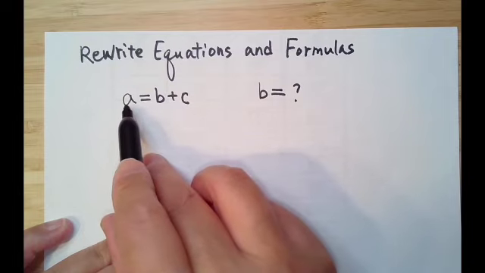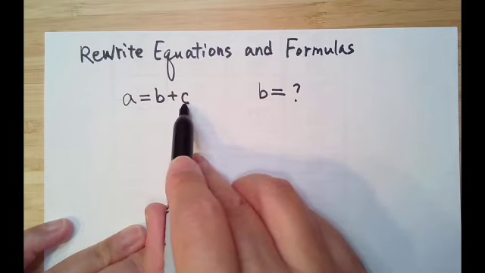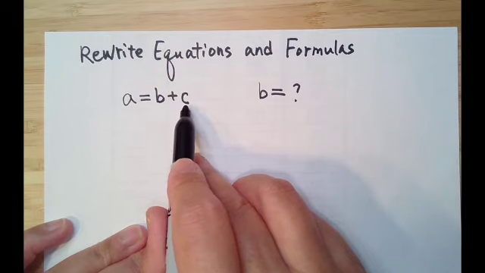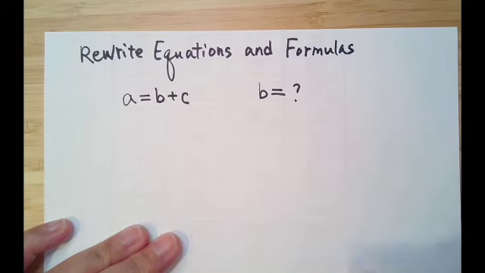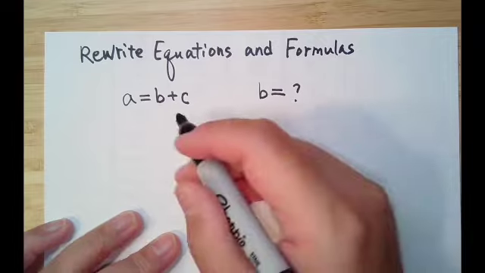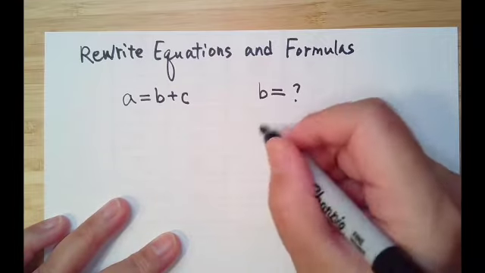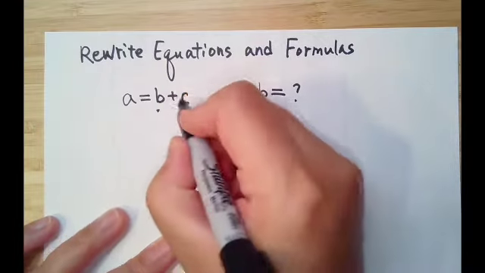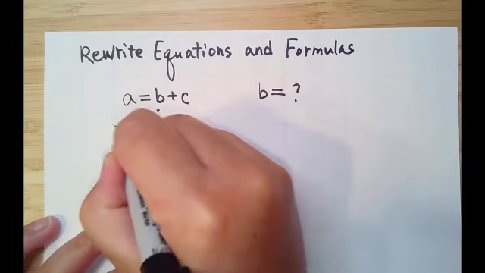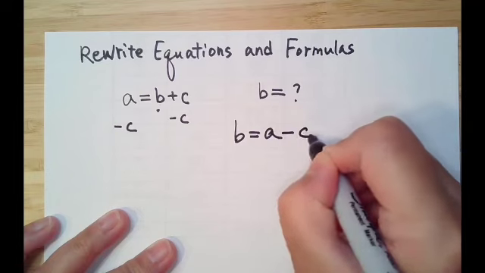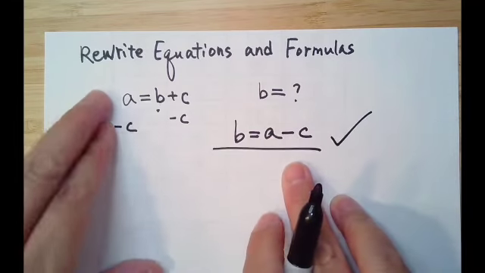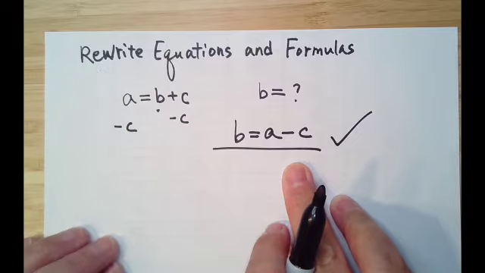So now you're going to treat all the other letters as a given value, and only this one, the B, will be the variable. So you're going to solve just like you're doing with the linear equations we learned earlier. You need to solve B, so you have to subtract C on both sides. So your B will be just A minus C. Done. Okay, that's called rewriting equations or formulas.